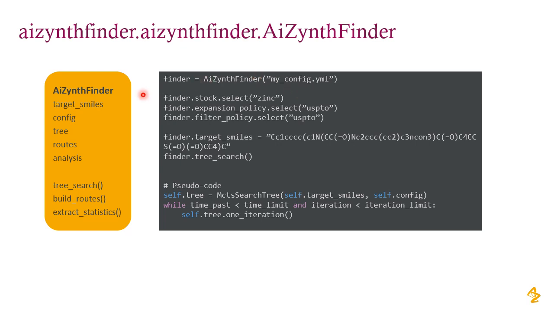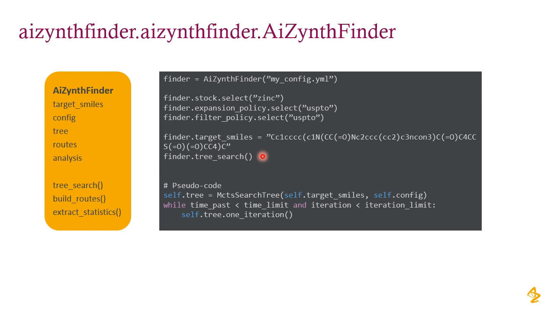And the next step is then to select the stock and the expansion and filter policies. When you have done that, you are ready to do retrosynthesis analysis. And you do that by setting a target smiles like this and calling the tree search method.